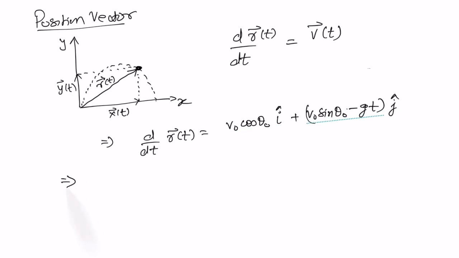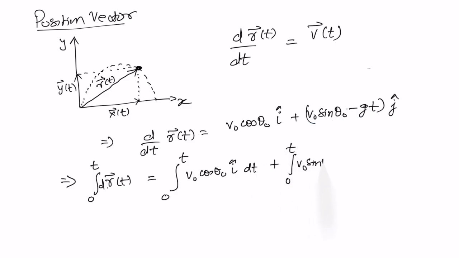If we do the integration, we'll get integration of r t between times 0 and t equals integration of v naught cos theta naught i cap dt plus integration of 0 to t v naught sin theta naught j cap dt minus integration of g t j cap dt.